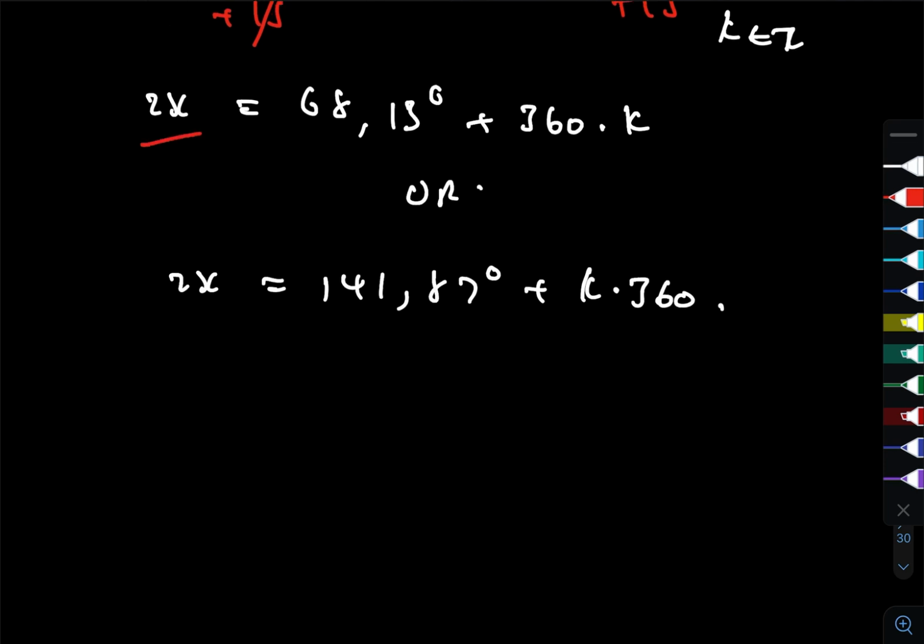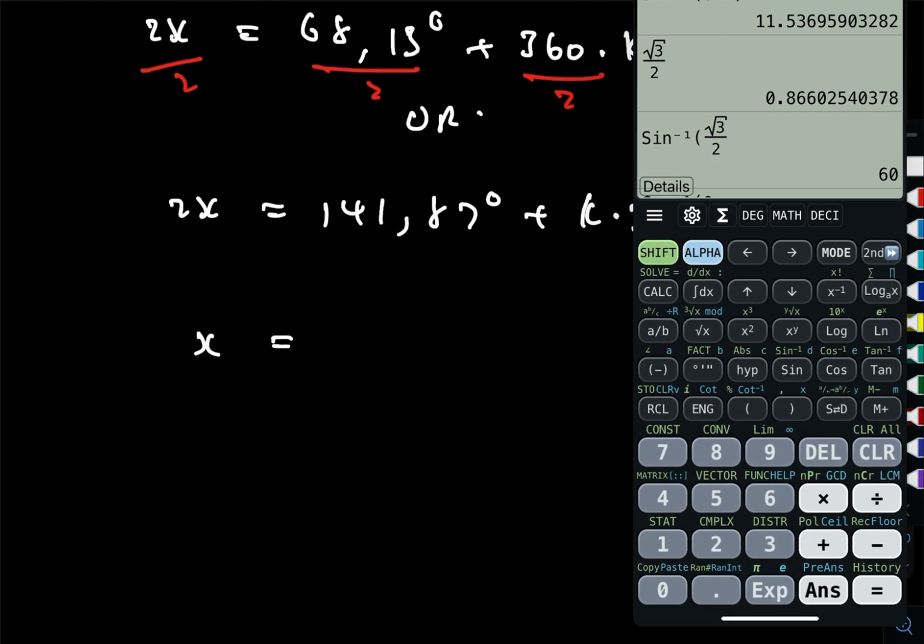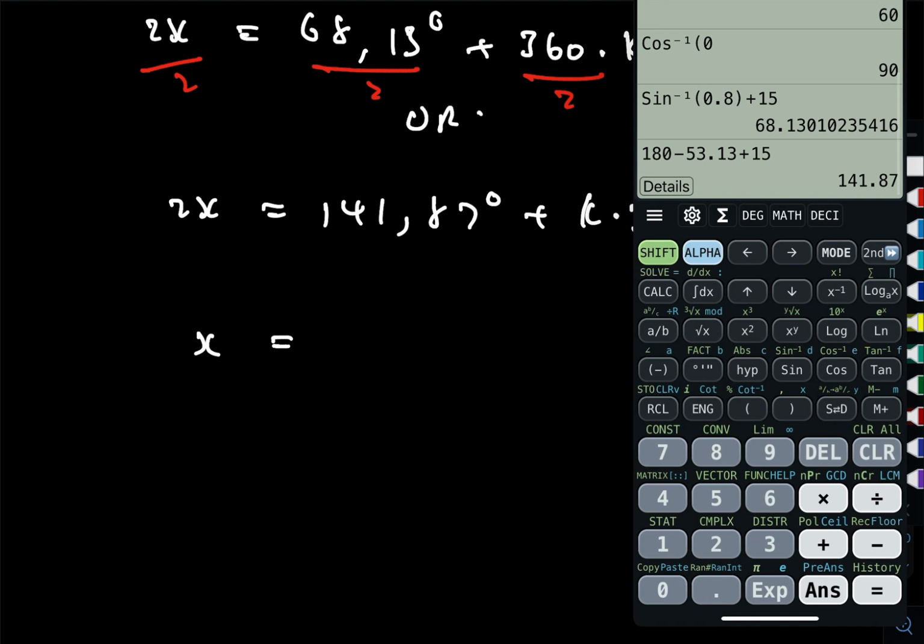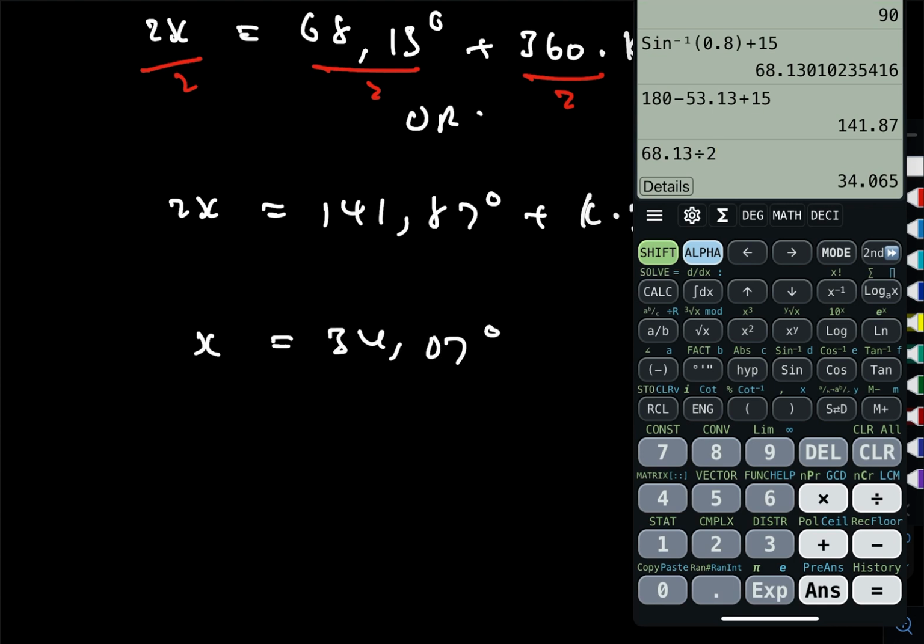All I need to do right now is to divide throughout this equation by 2. If I do that, I'm going to get x equals 68.13 divided by 2. Let's see what that gives us. It's going to be 34.067, or 34.07 degrees.